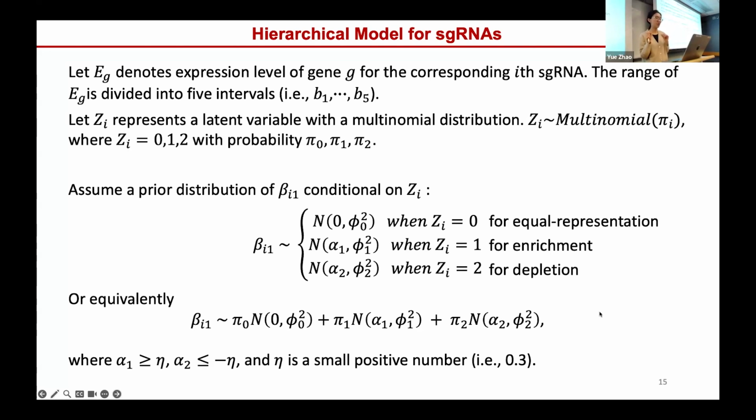This is the non-essential gene. Then beta_i1 will follow a normal distribution with a positive mean alpha_1, which is for the enrichment case. And then the beta_i1, or the log fold change, will follow a normal distribution with a negative mean value, representing the depletion case.